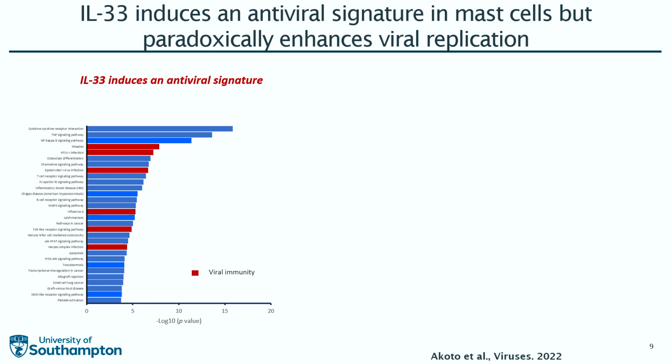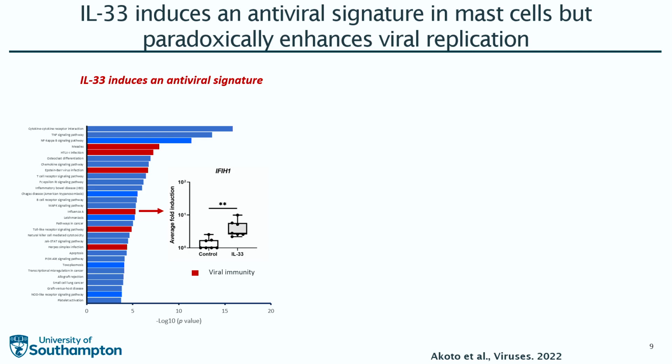Over 400 genes were differentially expressed, and when we did pathway analysis, everything highlighted in red are pathways associated with viral immunity. Specifically, the influenza pathway pulled up, with lots of genes in that pathway, suggesting that IL-33 is a good thing. And we verified some of these genes.